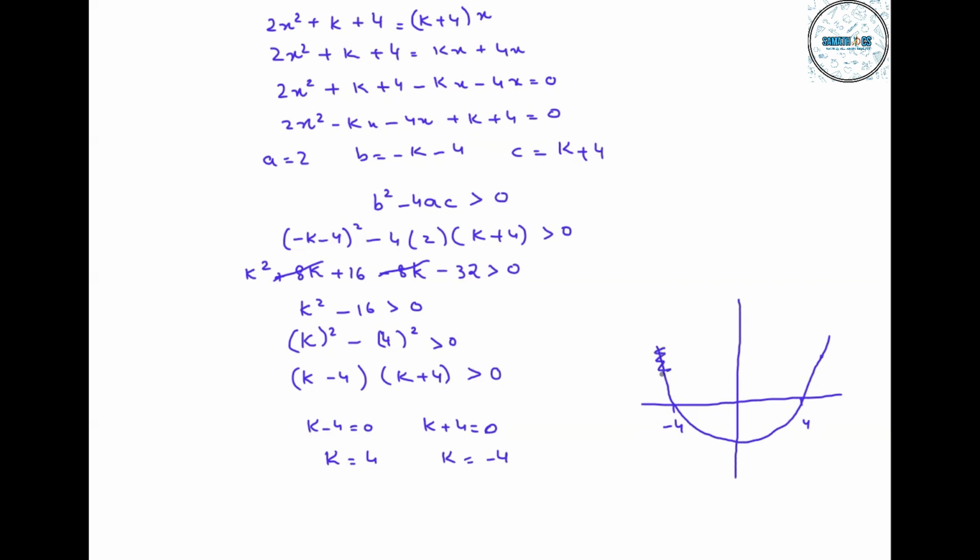So it means that we have to consider this part. We have to tell the values of k on this part of the curve, which is k is less than minus 4. And on this part of the curve, the values of k are greater than 4. K is greater than 4.